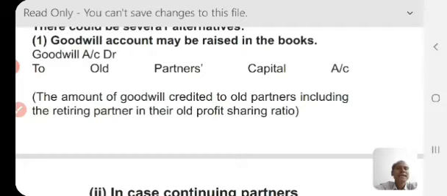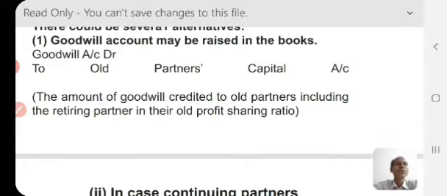So in the first case, goodwill account may be raised in the books, meaning goodwill already existed to some extent, and now the partners would like to enhance that goodwill.